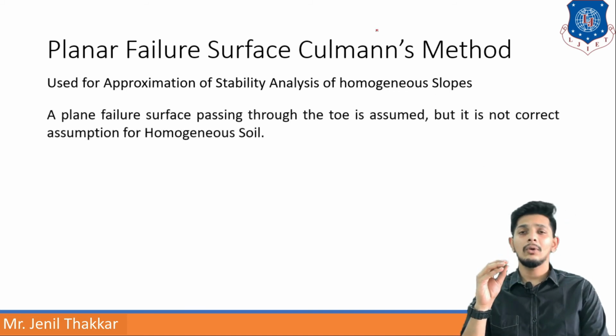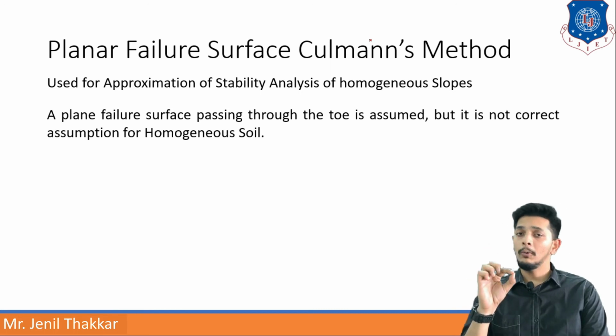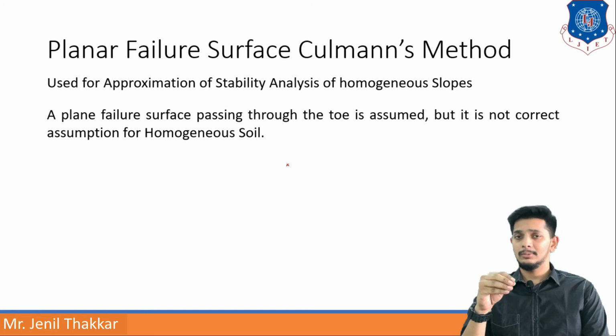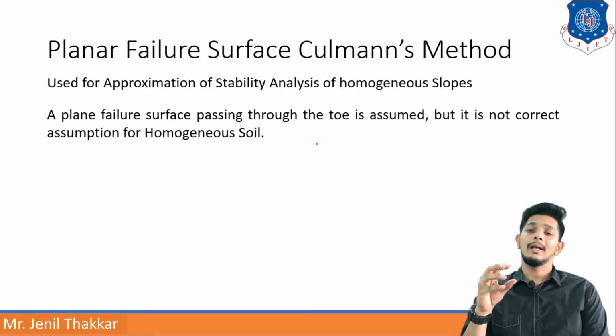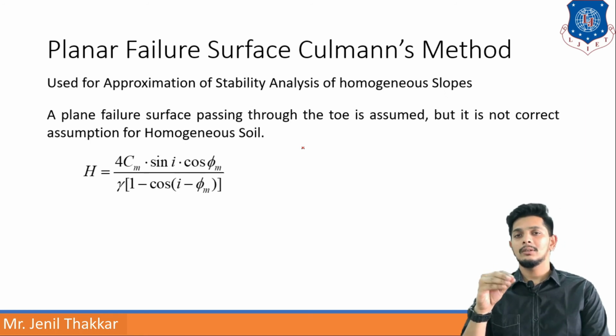It is generally used for approximation of stability analysis of homogeneous slopes, because if it is assumed that in the homogeneous case the plane of failure passes through the toe, it will be wrong. So it is an approximately right method, but you cannot say this is the perfect result.